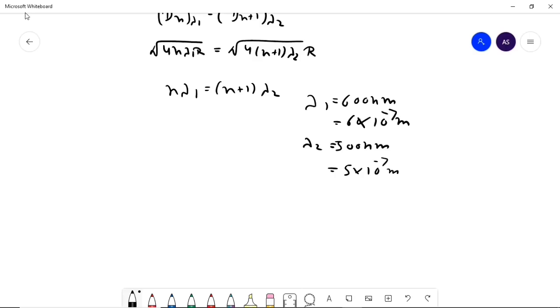When you put these two values here, you will find the value of n is 5.